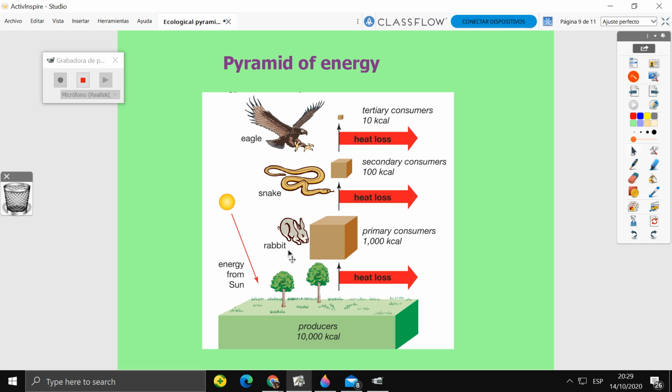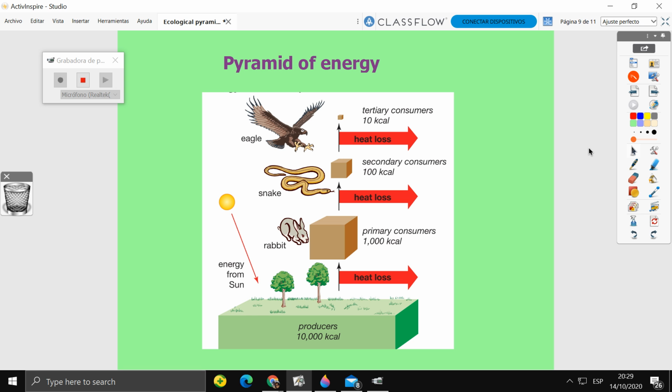Well, material that is not eaten by the consumers, material that is not digested by the consumer, most of it is released as feces, as waste substances, the energy consumed for movement, the energy consumed to drive metabolic processes, the energy lost as heat, and the energy lost in urine.